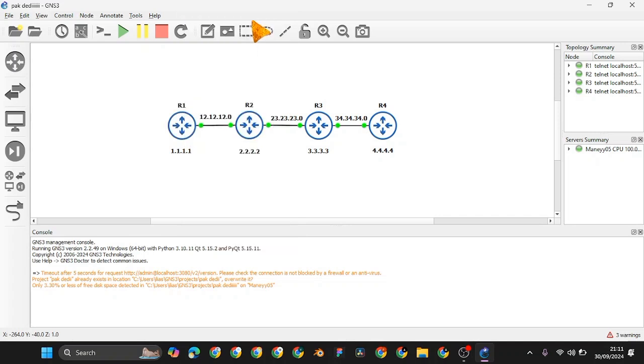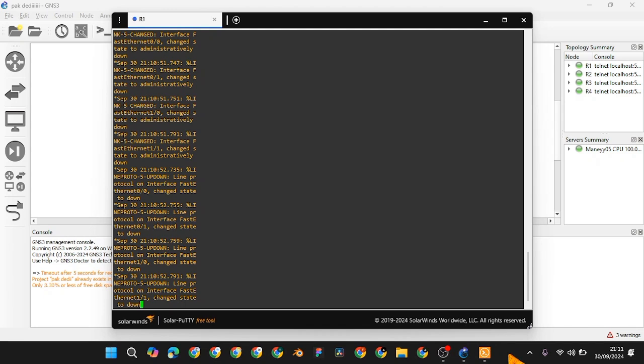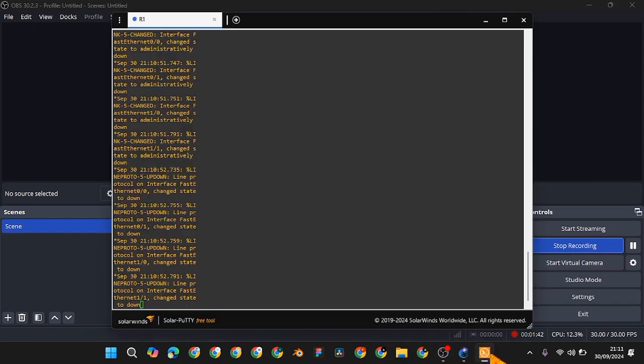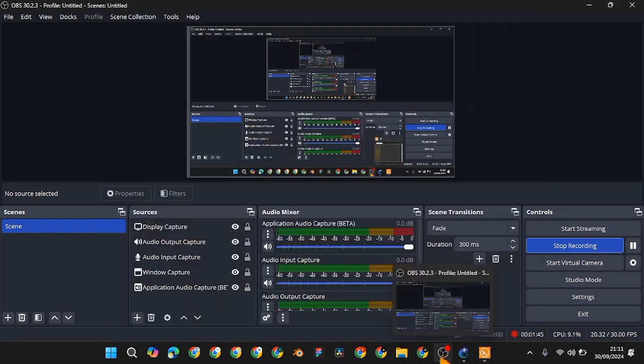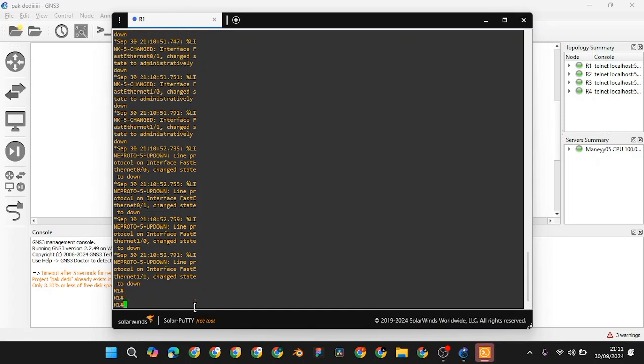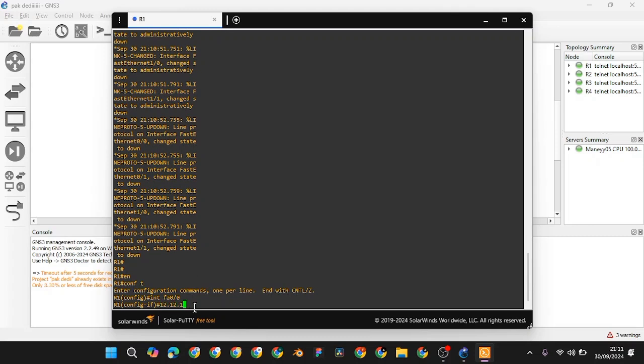So let's go to the config for the first router. I'm sorry, there is some mistake with my OBS Studio. The first config is: enable, conf t, int 0/0.